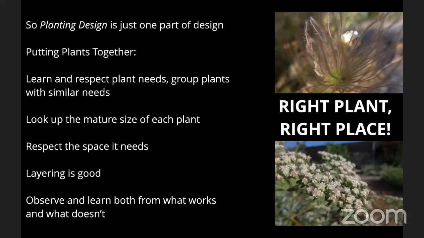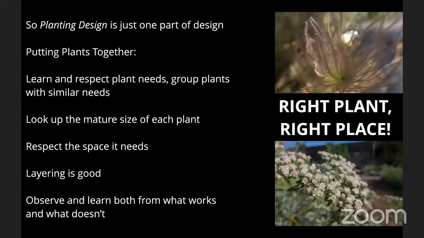So in putting plants together in our plant-focused spaces, it's critical to learn and respect the needs of that plant. So that means doing just a little bit of research for each plant that you are going to put in. Learn and respect those needs. And in most cases, wherever you are, there are databases of plants that are local to that area or nursery websites.